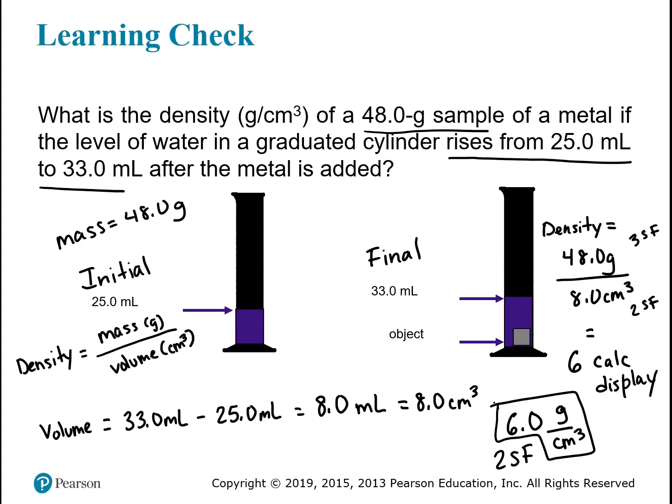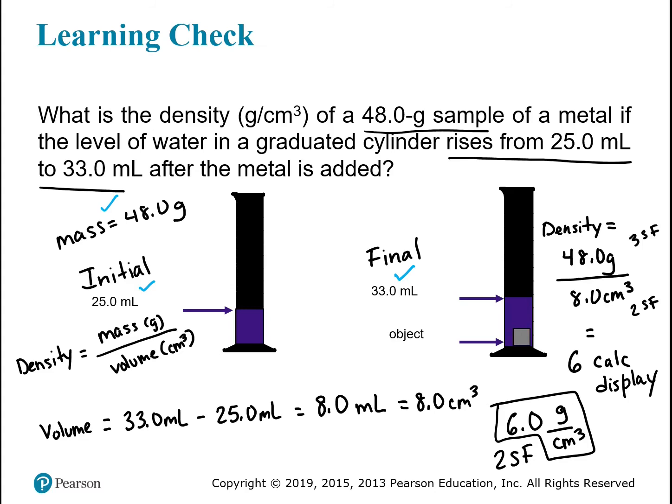So just to recap, the first thing we did was identify what information we were given. I'm going to change colors here so you can see when I jot other things down. So we said our mass was given in the problem, and we were given levels of water, and within the context of the word problem, we could figure out 25 milliliters is the initial volume, and 33 milliliters was the final volume.